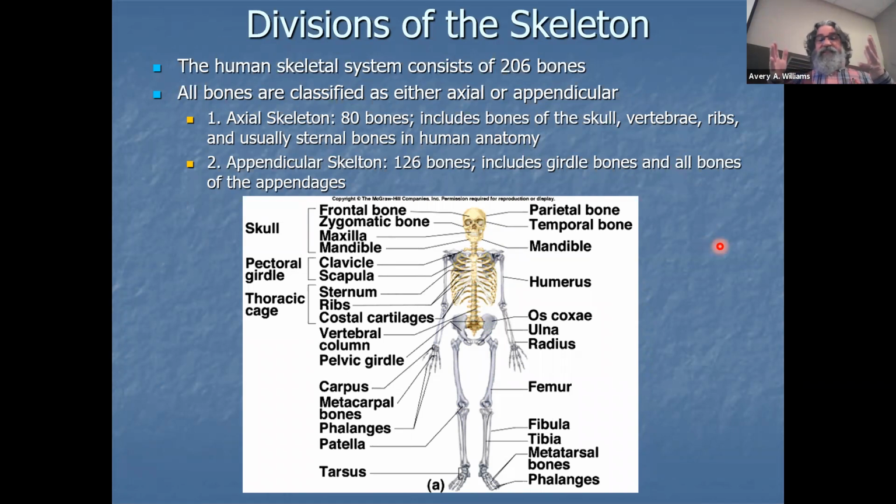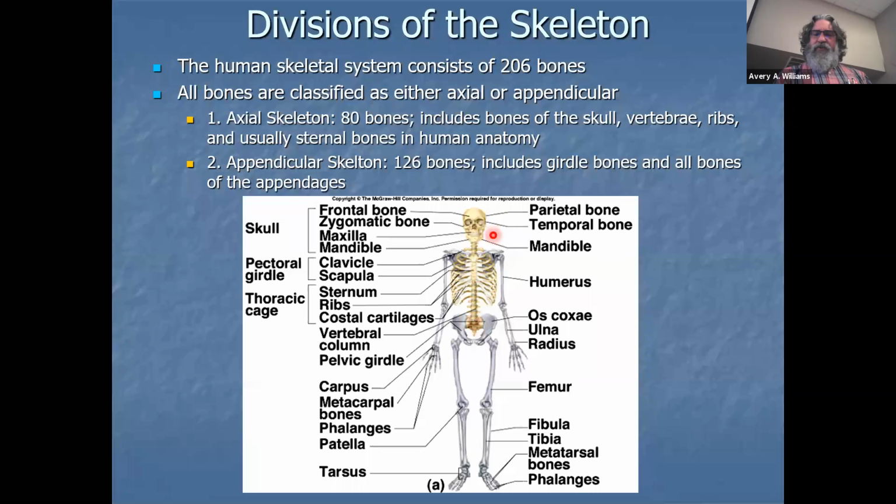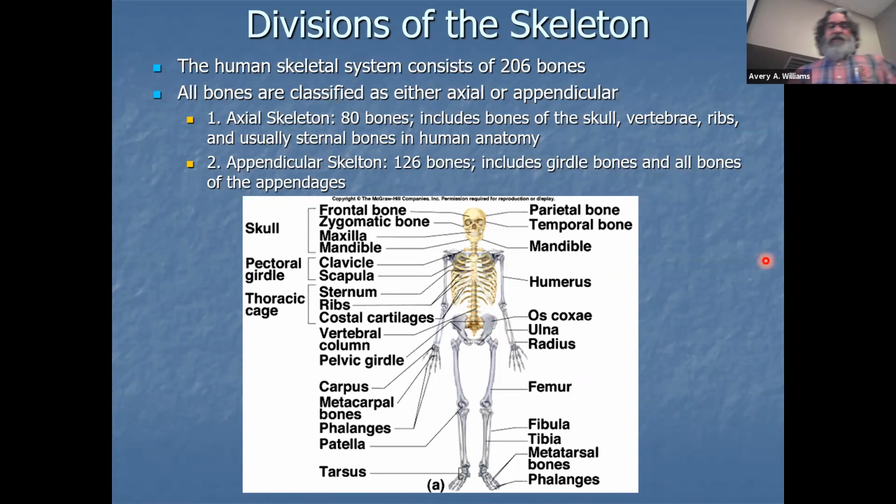But when we look at the skeleton, the girdles are a part of the appendages, because the girdles are what attach the appendages to the axis. So you have a pectoral girdle, pectoral region, and then the pelvic girdle in the pelvic region. And you can see, it's all blue, and then down here it's all blue. And so basically all the bone-colored stuff is just axial, 80 bones, and then the 126 appendicular bones. And we'll talk about all of them, okay?